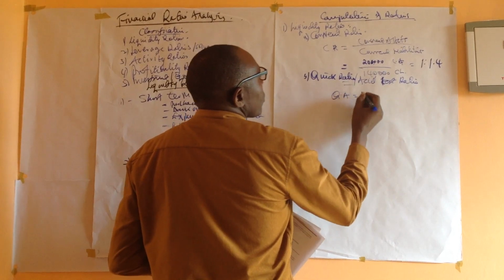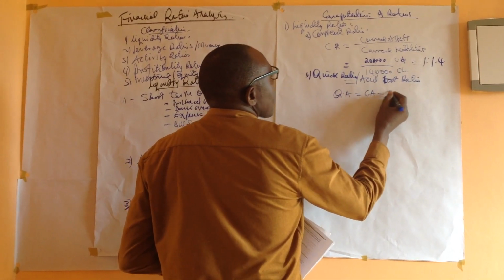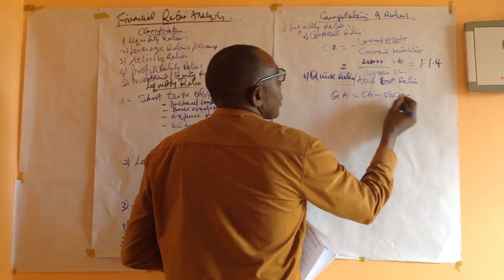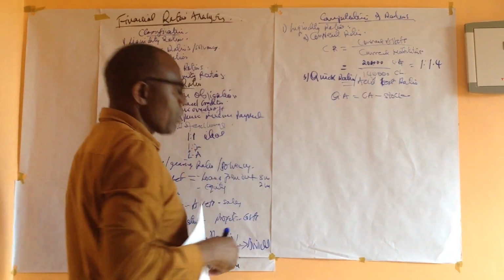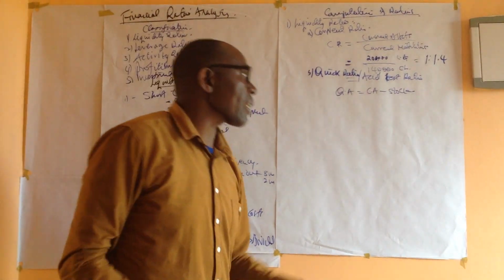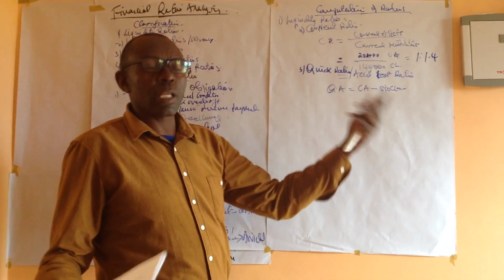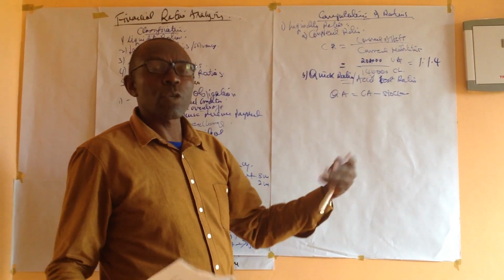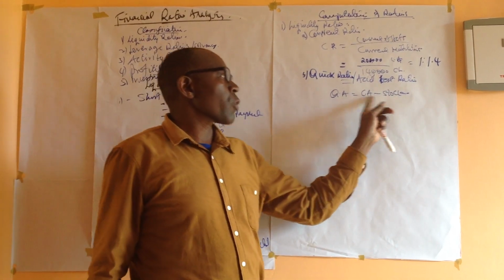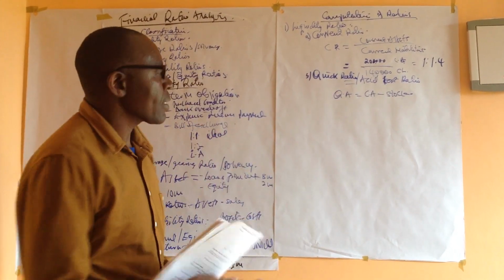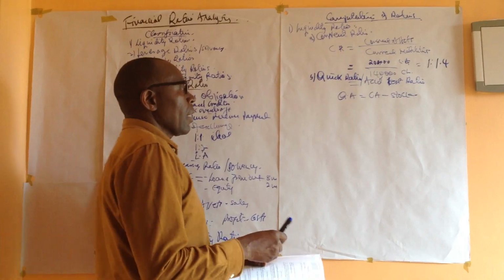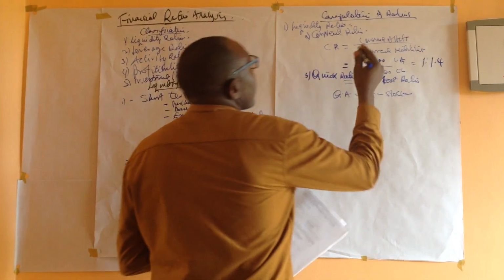Quick assets is always equivalent to the current assets minus stock. That gives us the quick assets, meaning all the current assets minus stock. Stock cannot be converted to cash instantly. You may sell on credit, so that cannot give you instant cash. So you always deduct it from the total current assets to get the quick ratio.